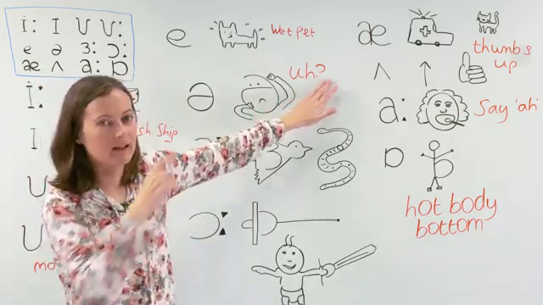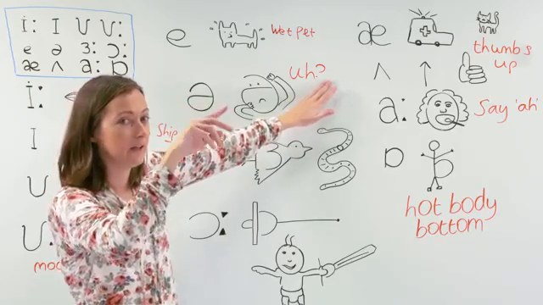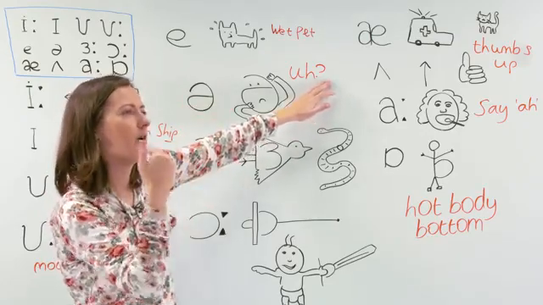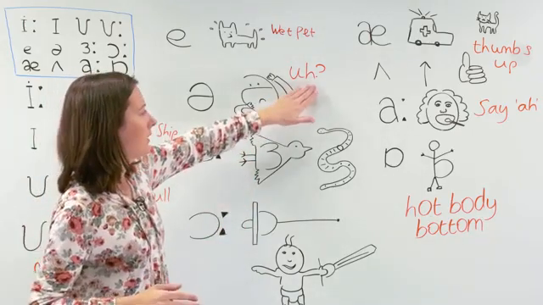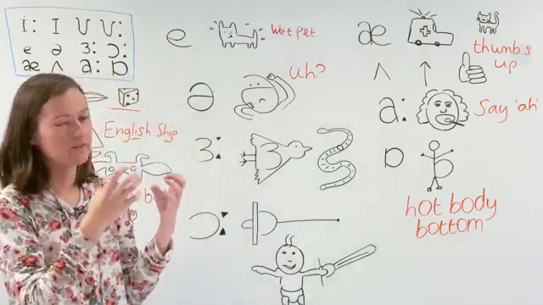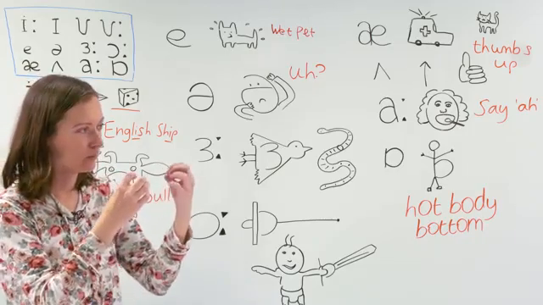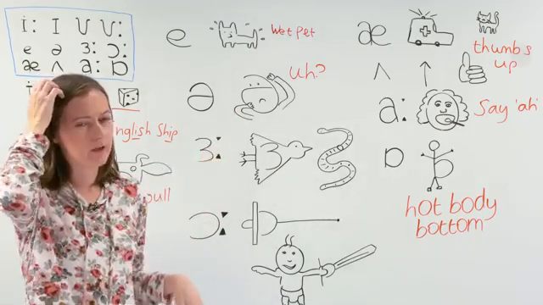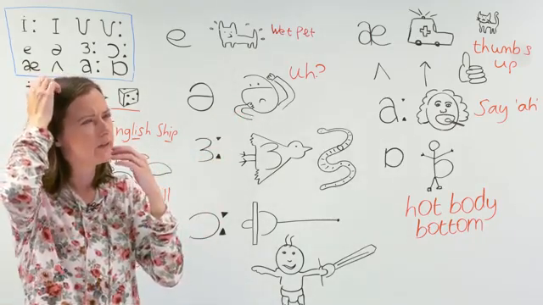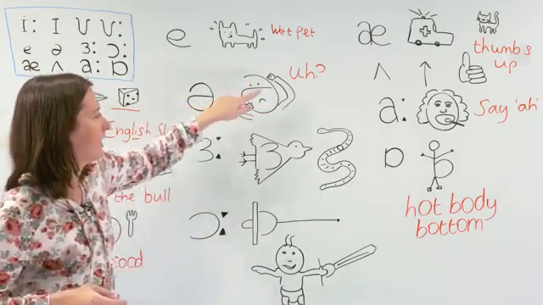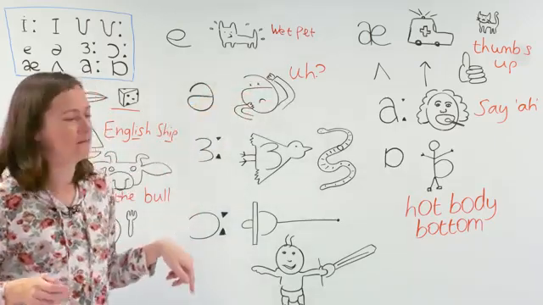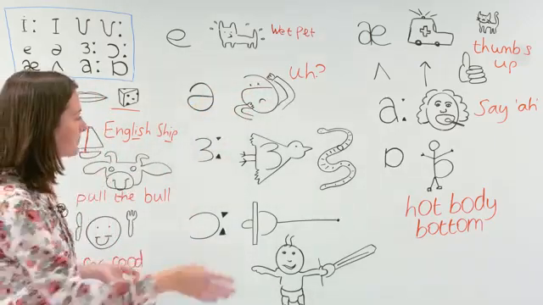It doesn't sound like it's got a question mark in it. Every time we say a schwa, it's not going up. But if we just isolate the sound, it is closest to being a bit confused about something. So I turned the upside down E into a face there to help remember it.